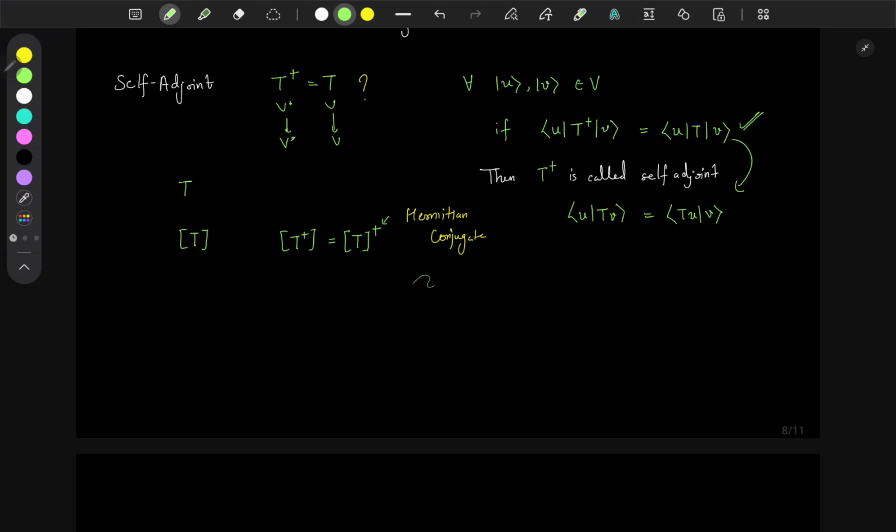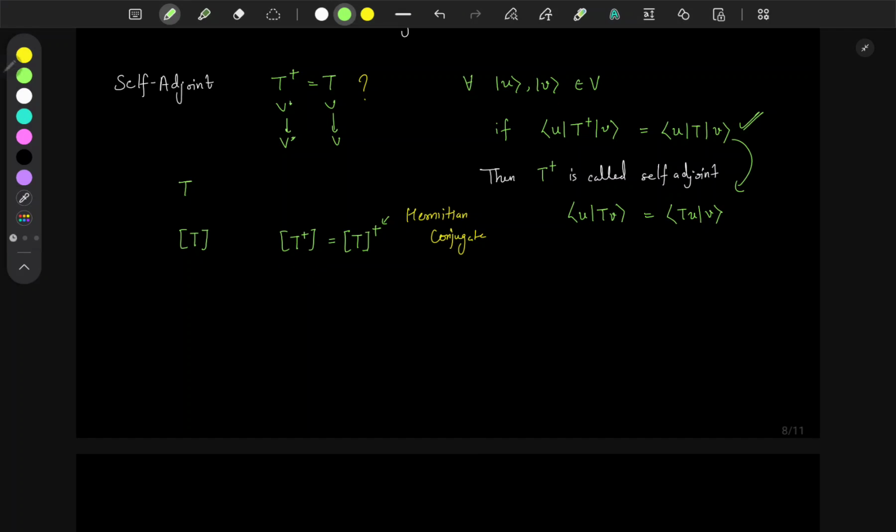It is basically you transpose the matrix, that is you convert rows into columns and columns into rows, and you take the complex conjugate of every element.